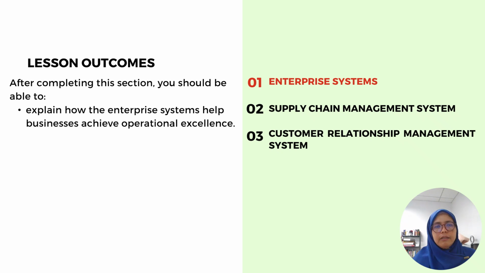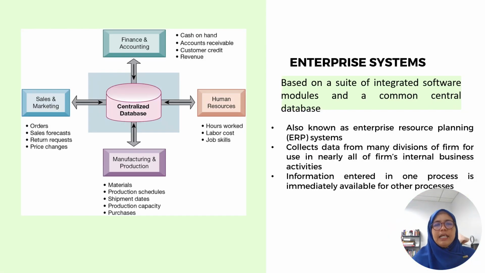After completing the first section, you should be able to explain how the enterprise system helps businesses achieve operational excellence. Enterprise systems feature a set of integrated software modules and a central database by which business processes and functional areas throughout the enterprise can share data.